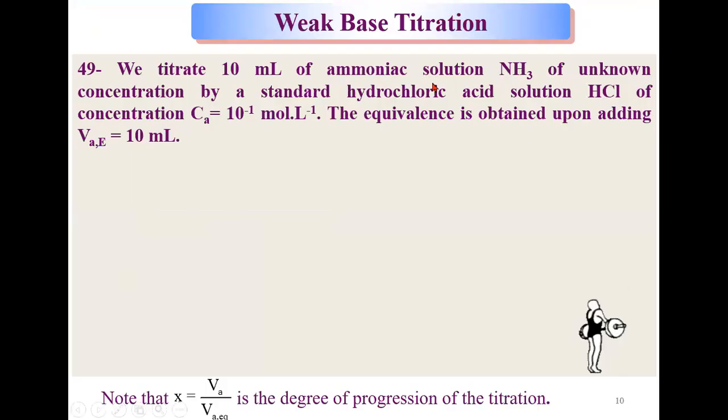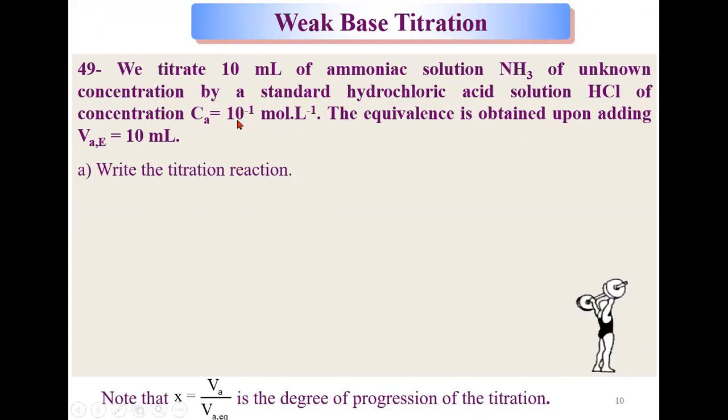Number 49. We're going to titrate now 10 milliliters of ammonia, a base, with HCl, hydrochloric acid. They gave us the concentration of the hydrochloric acid, which is 10 to the minus 2 molar. And they told me that the equivalence is obtained when we added 10 milliliters of the acid. So look at what they gave you here.